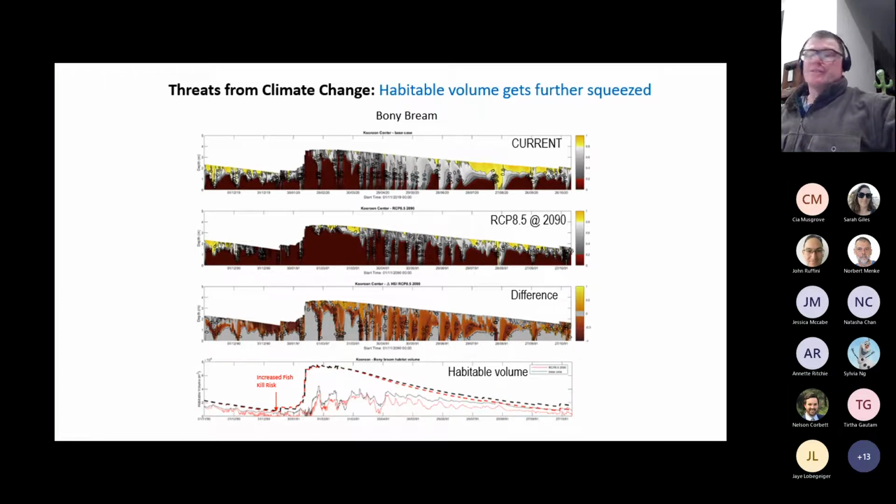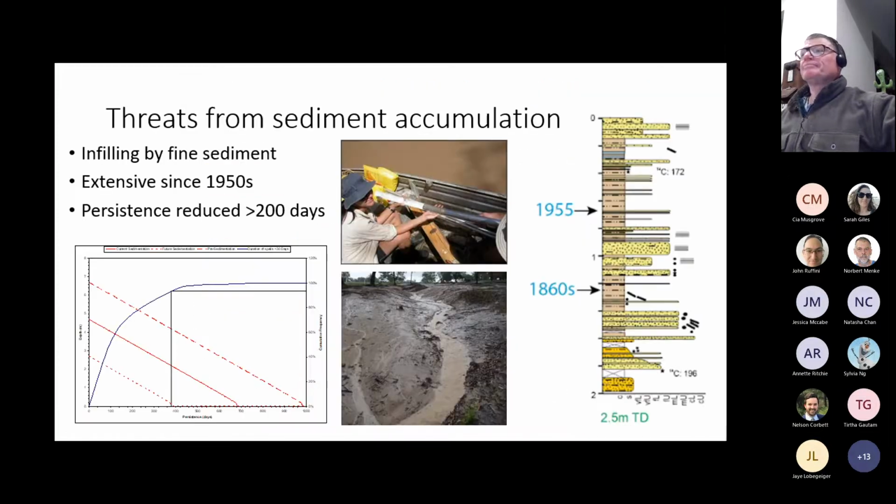So this was really just a bit of a proof of concept, and the plans are to try and do this in a bit more sophisticated way in future work. But it just shows how oxygen stress for fish is likely to be a greater threat to their survival in waterholes in the future under climate change.